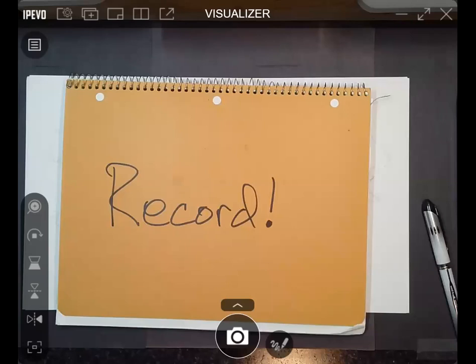Oh, rats. I have to shrink this thing down.